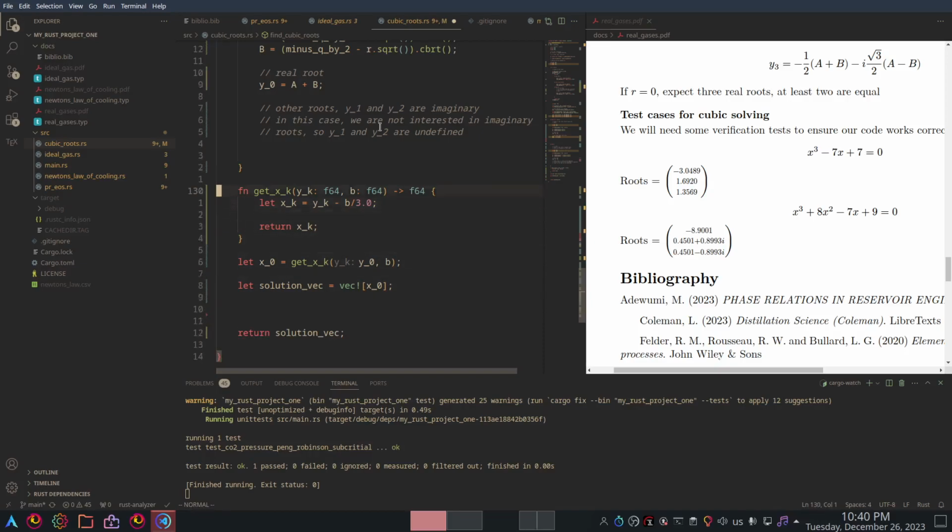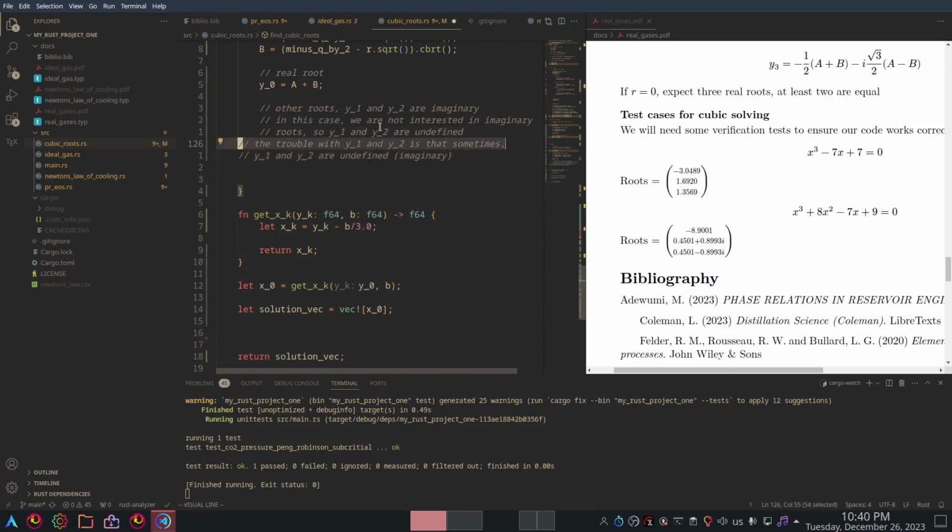We call this imaginary. So how do you tell the code that sometimes I want to define y1 and y2, and sometimes I cannot define y1 and y2?